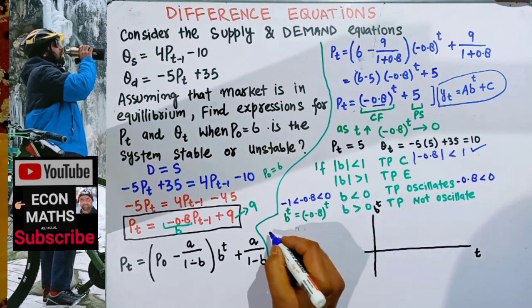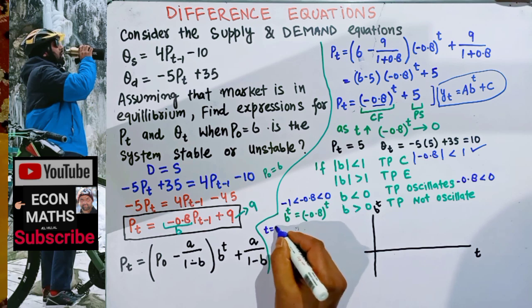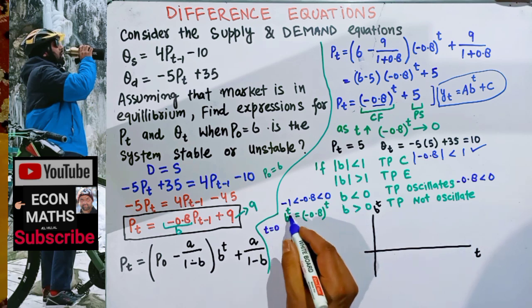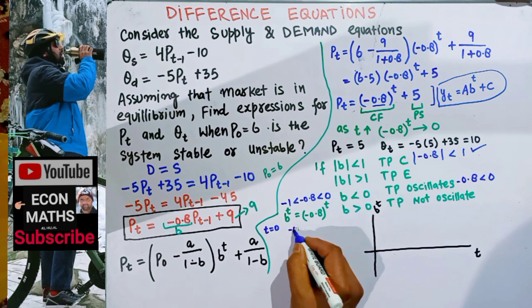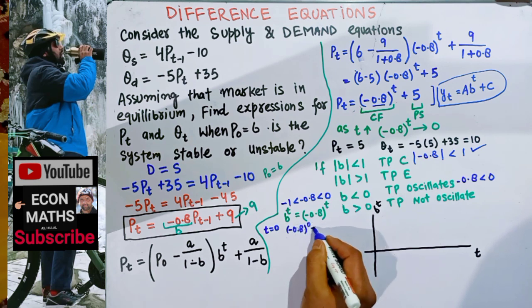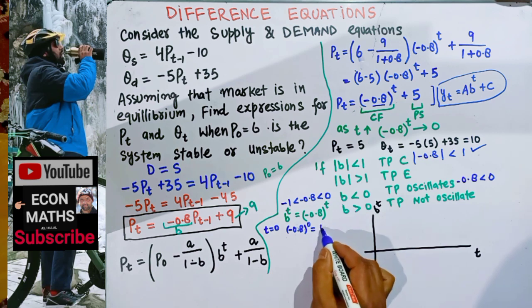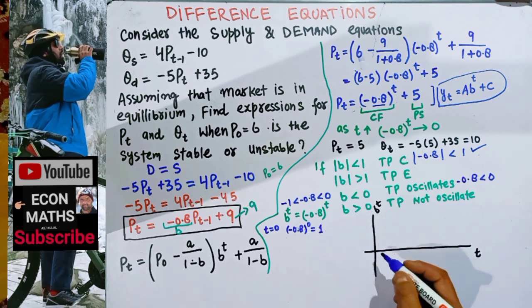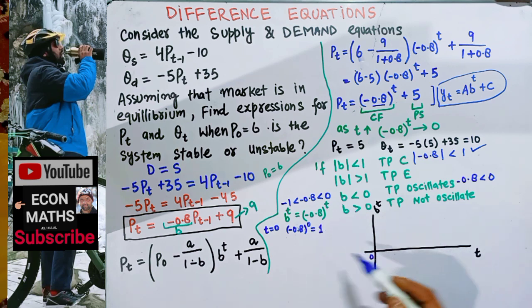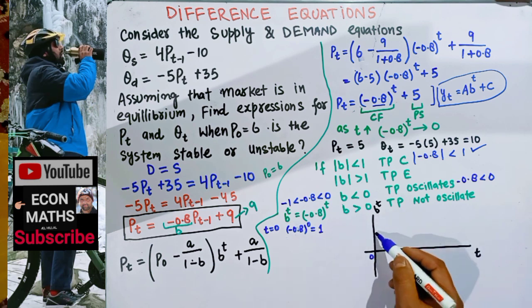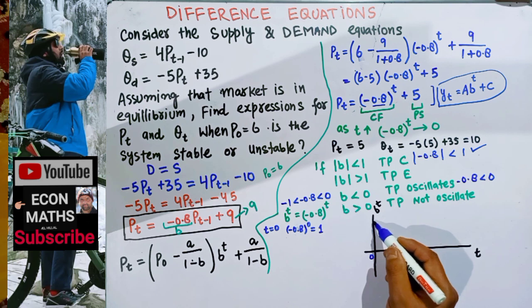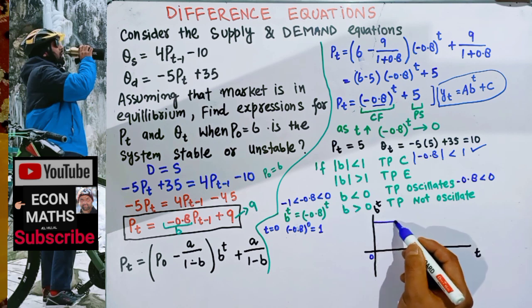When t is equal to 0, what is b^t? It is minus 0.8 raised to the power 0, so it comes out to be 1. Let us say this is 1.